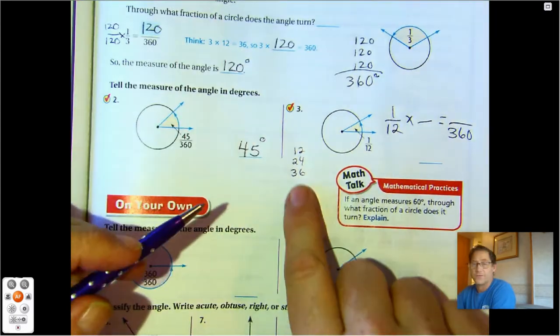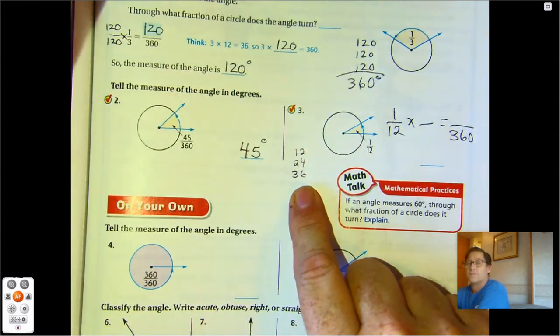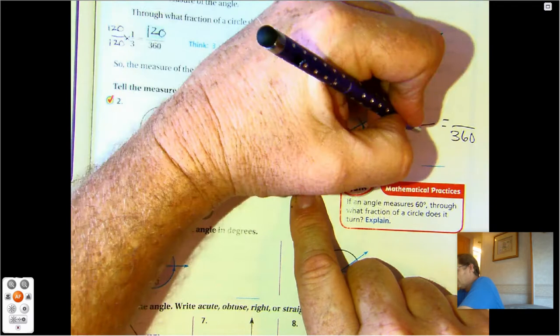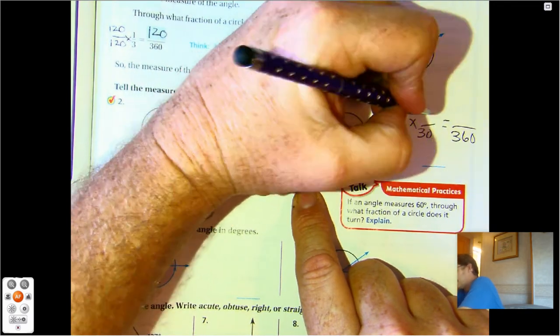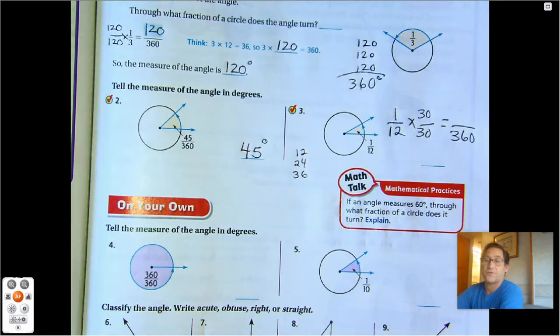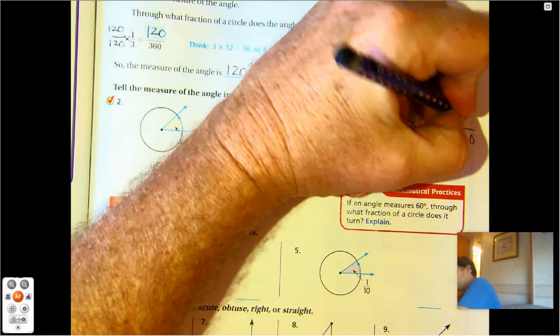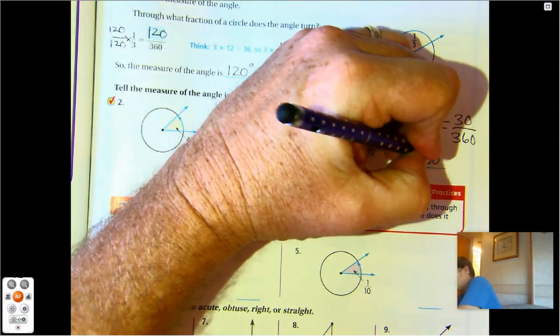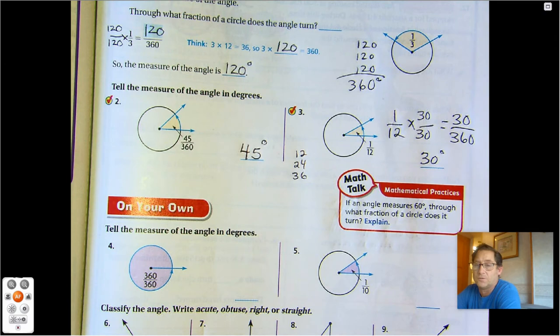Okay, there. 3, right? 3 12s is 36. But I want 360, so it's not going to be 3, it'll be 30. So multiply 30 times 12 to get 360, and 30 times 1 is 30. So 1/12 is 30 degrees. Every 5 minutes on the clock, it will turn 30 degrees of a circle.